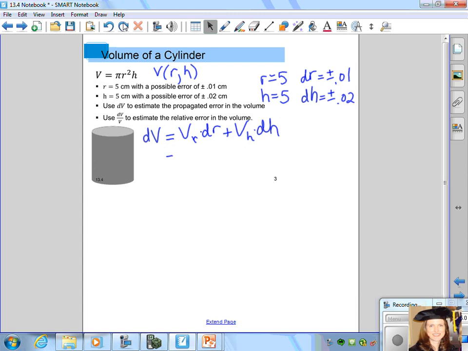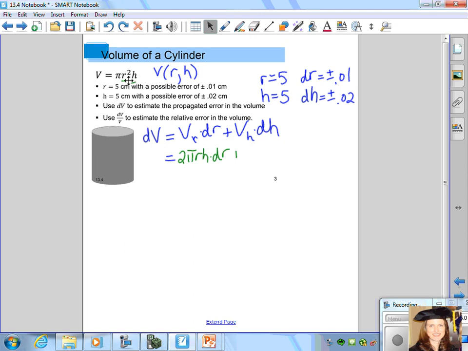When we take the partial derivative of volume with respect to r, you treat r as the variable and you treat h as a constant. So we know the derivative of r squared is 2r. So the derivative of this is going to be 2 pi rh times your differential r, plus the partial derivative of the volume with respect to h.